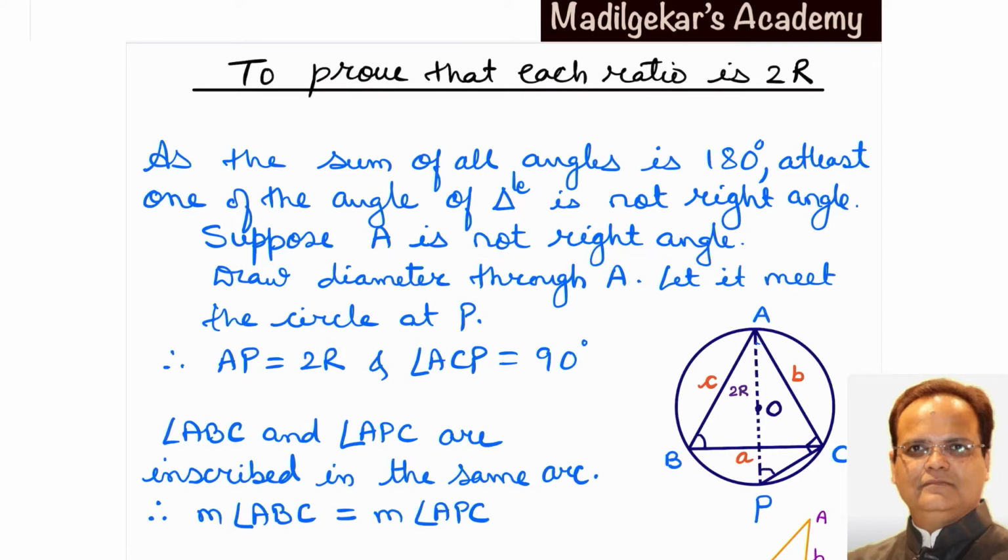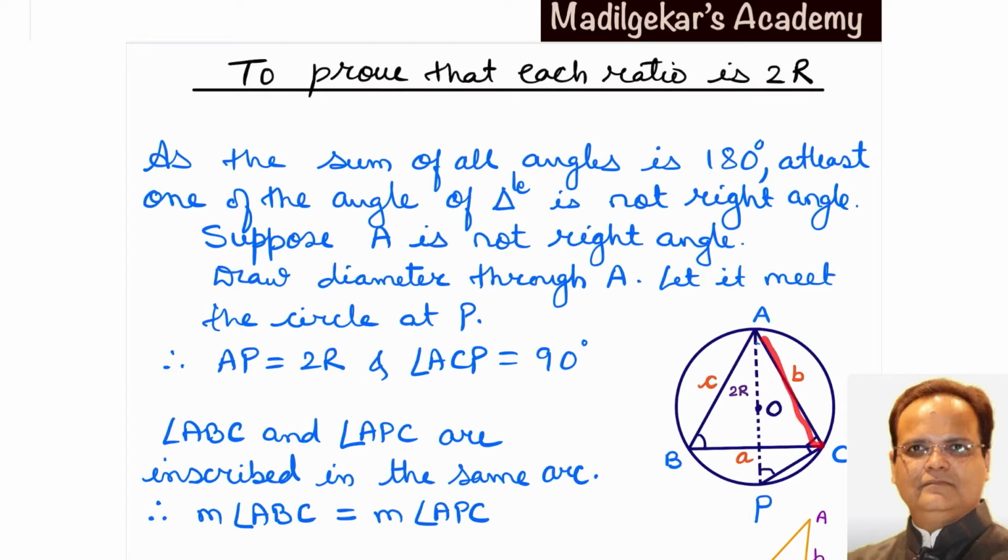From that vertex, draw a diameter which intersects the circle at point P. Since AP is a diameter, it must be 2R. As we know, an angle inscribed in a semicircle is a right angle.